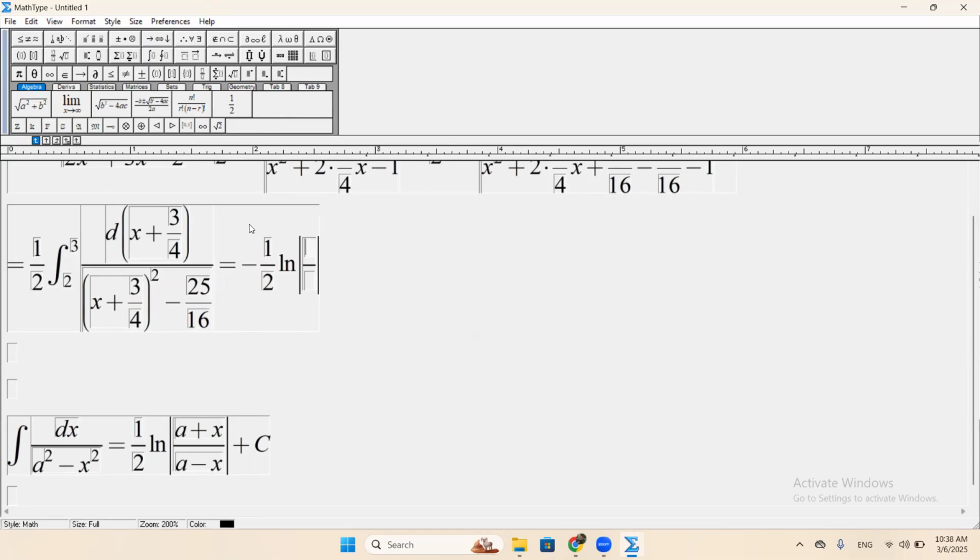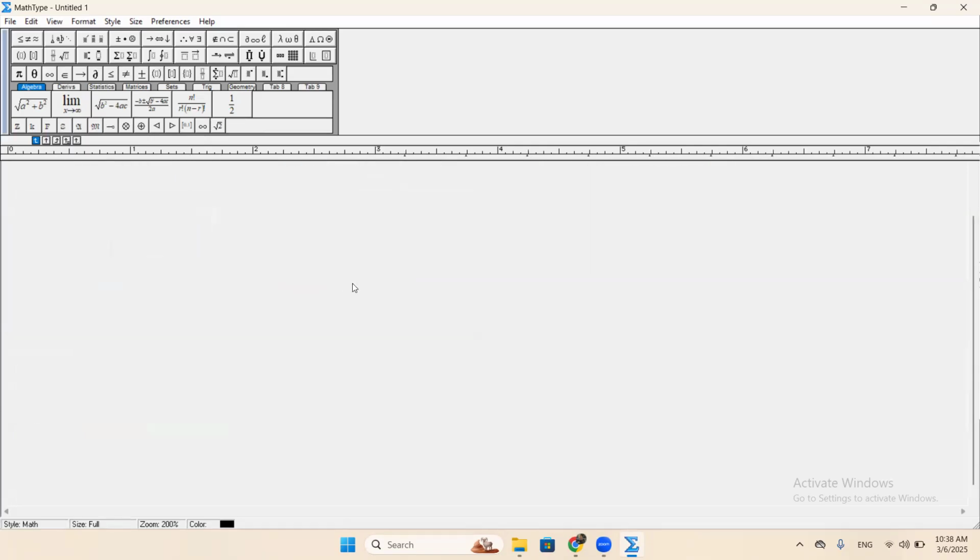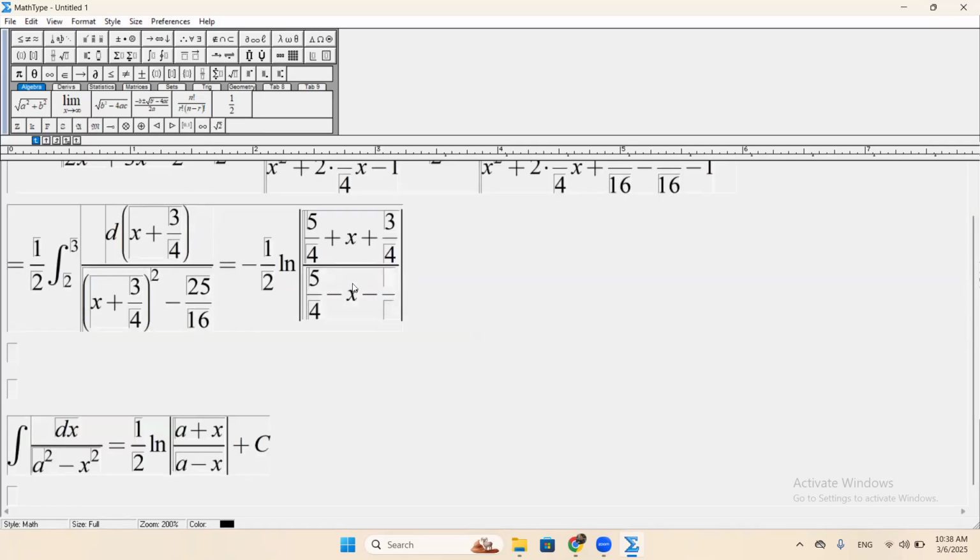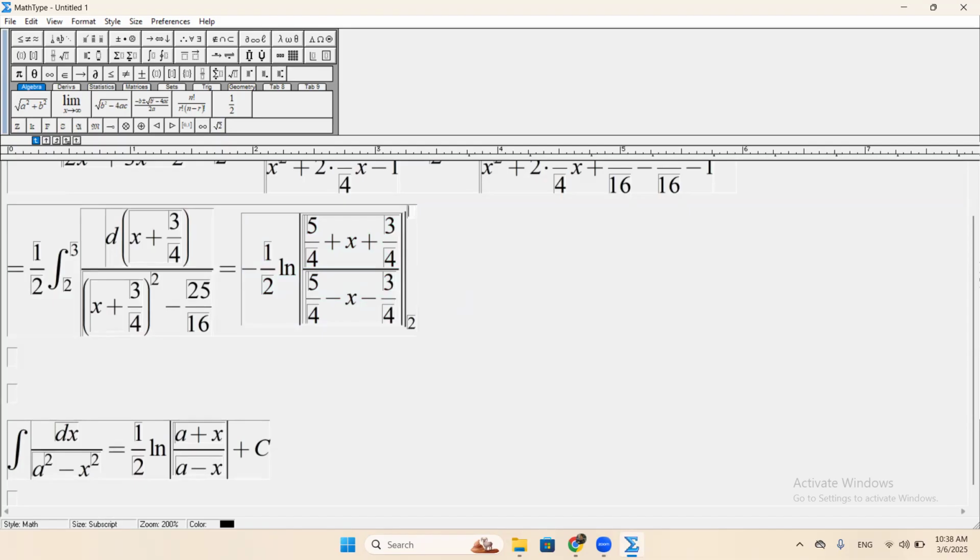So a equals 5 over 4 in this case. So 5 over 4 plus x plus 3 over 4, and in the denominator, 5 over 4 minus x minus 3 over 4. And with substitutions, yes, such a large expression, from 2 to 3.